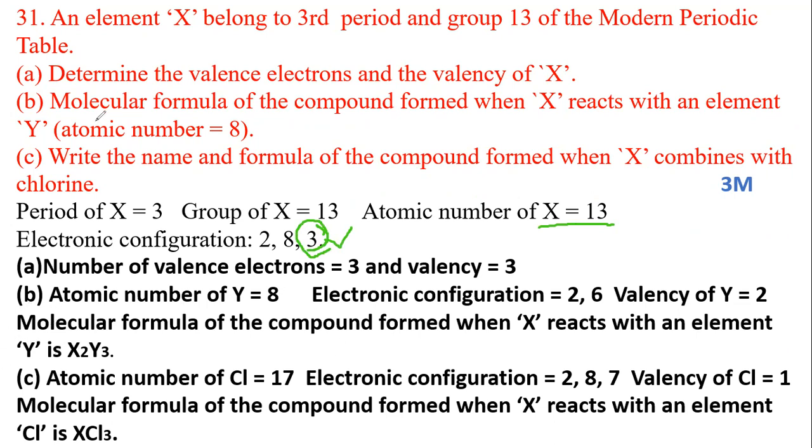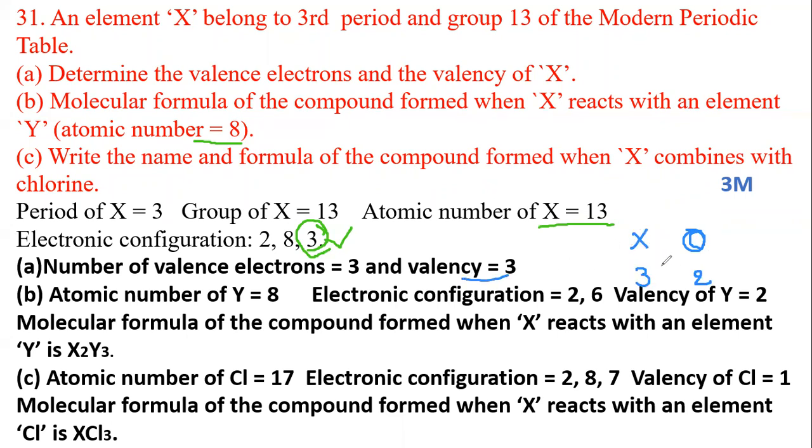Now, question 31B: the molecular formula of the compound formed when X reacts with an element Y. They have given Y's atomic number as 8. So it is easy. Atomic number 8 is oxygen, isn't it? You know the valency of oxygen is 2, and the valency of X, you already know, is 3.